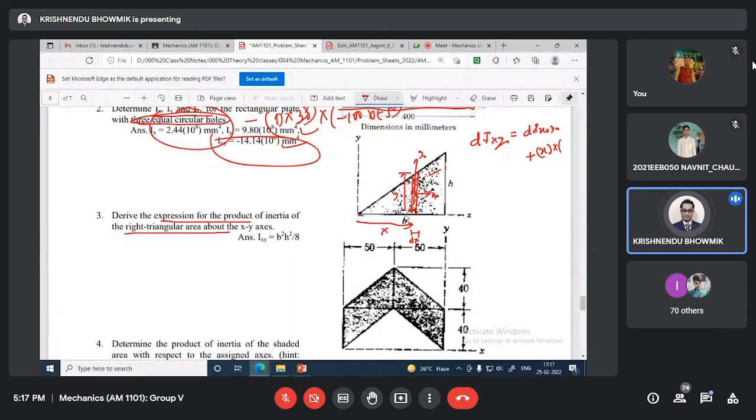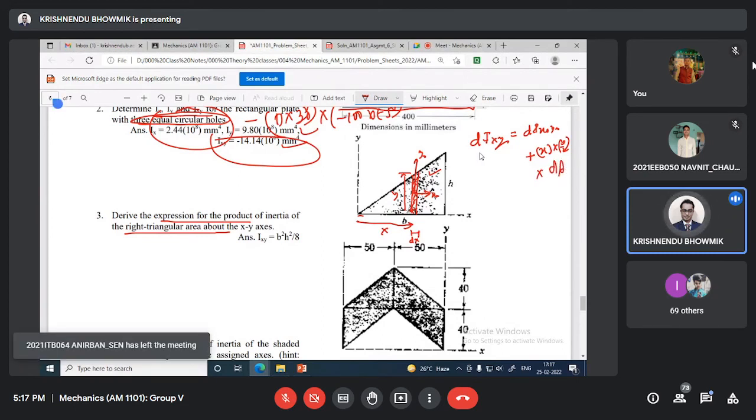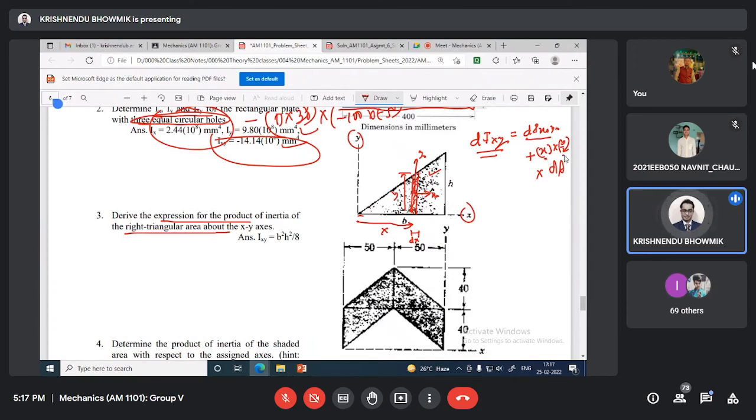So this distance is x, but for this element distance is y by 2, multiplied by its area dA. What is dA? dA is y dx.